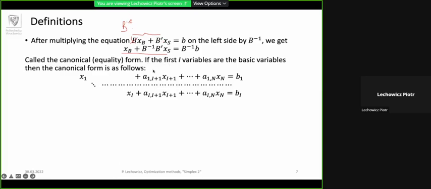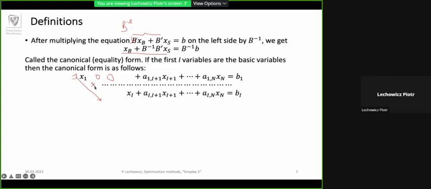Then we call such a form the canonical or equality form. So if we choose the first i variables as the basic ones, the canonical form looks like this. So on this side we have a matrix composed of one for each basic variable.